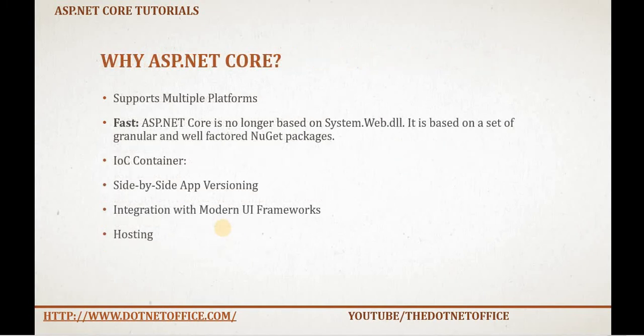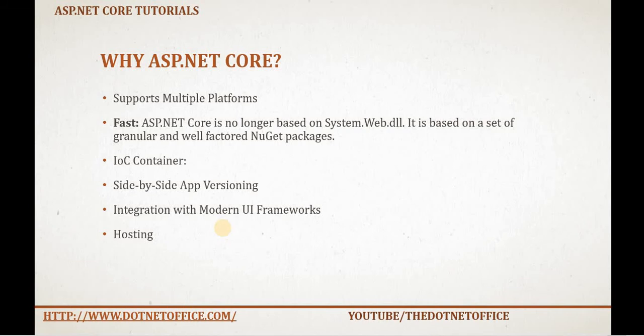So let's understand why we use ASP.NET Core. As we have seen, it supports multiple platforms for developing and hosting the application. So that is the biggest advantage of ASP.NET Core. And apart from this, it is very fast, because ASP.NET Core is no longer based on system.web.dll.